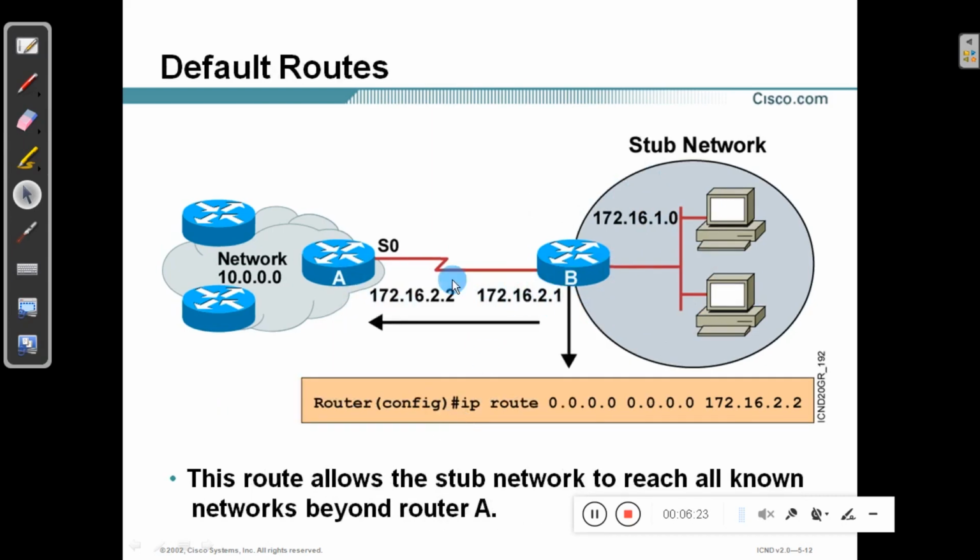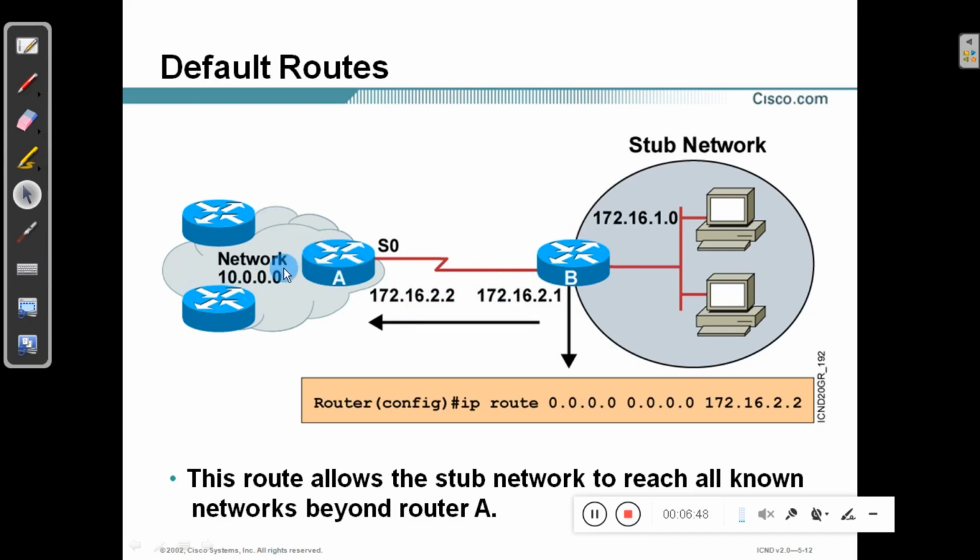Similarly, on this router, to reach this network, ip route 0.0.0.0 and the mask is 0.0.0.0. Here the address 0.0.0.0 means any address, because the stub network has only one entry and exit, and that is connected to this network.